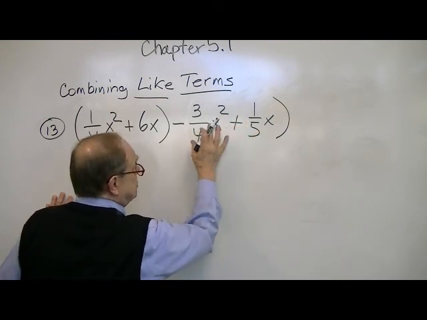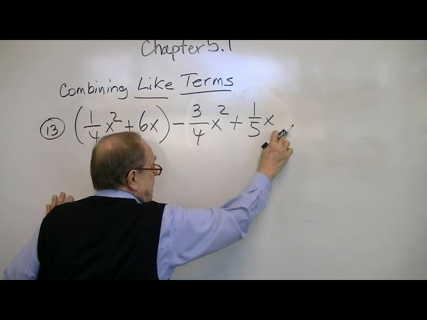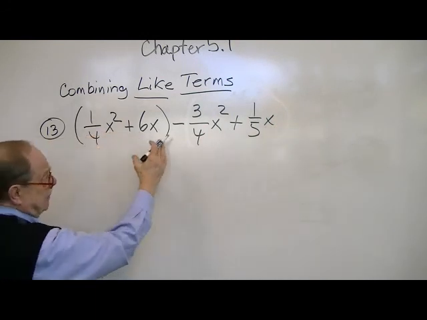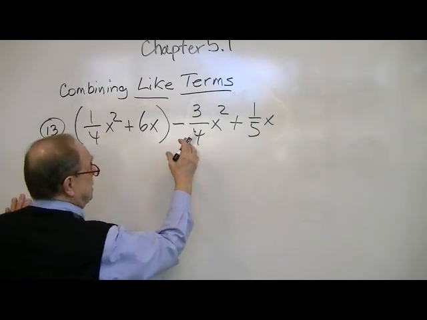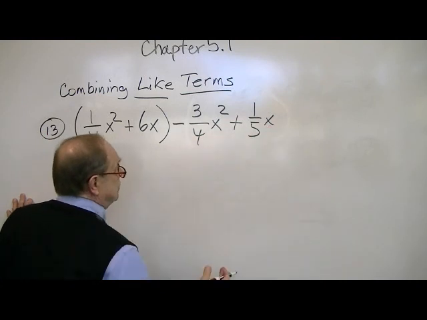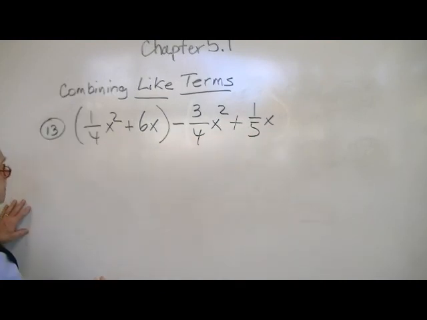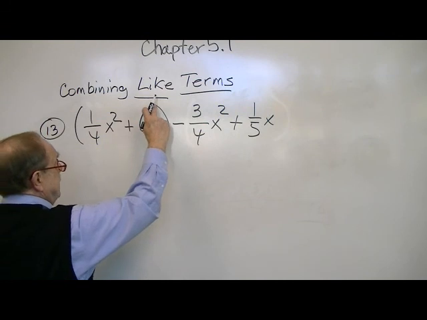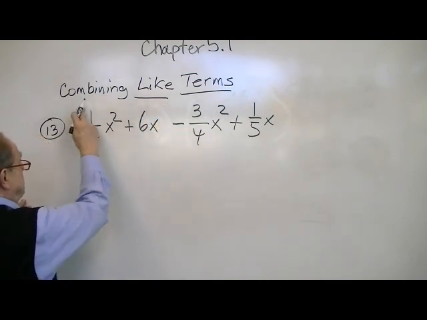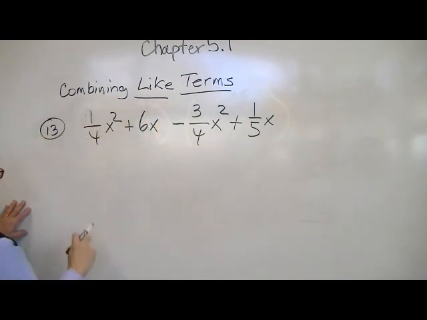So I took away the parentheses, and I've changed signs and gotten rid of the parentheses. And then here I can do that as well. So there's my basic problem, I'm asked to combine like terms.